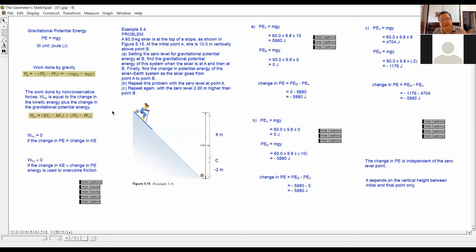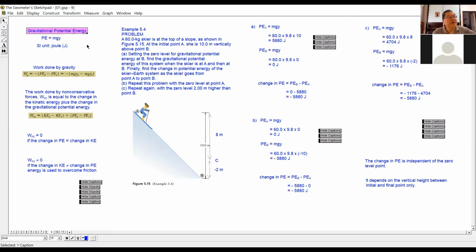So there's no frictional force, and the energies are convertible. How much kinetic energy you have can be converted to potential energy. On the other hand, if you have a lot of potential energy, you can convert it into kinetic energy. It's a direct conversion.